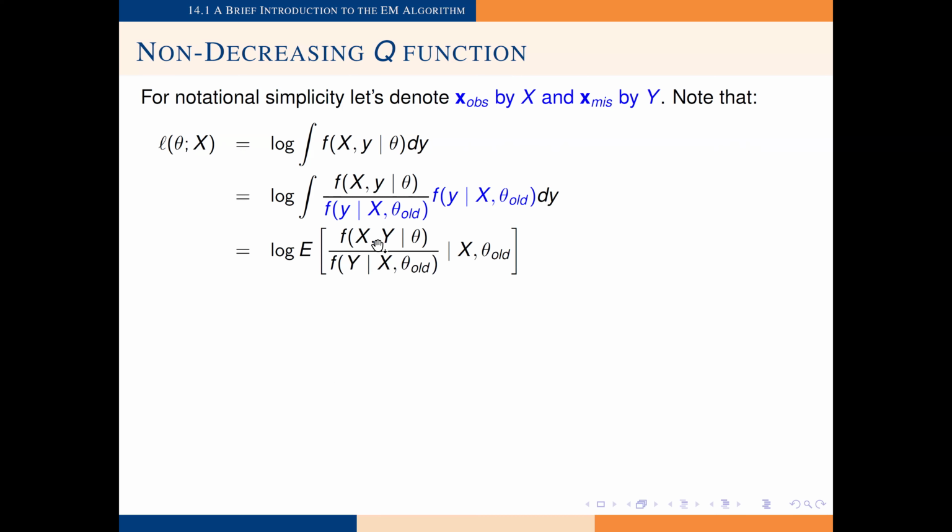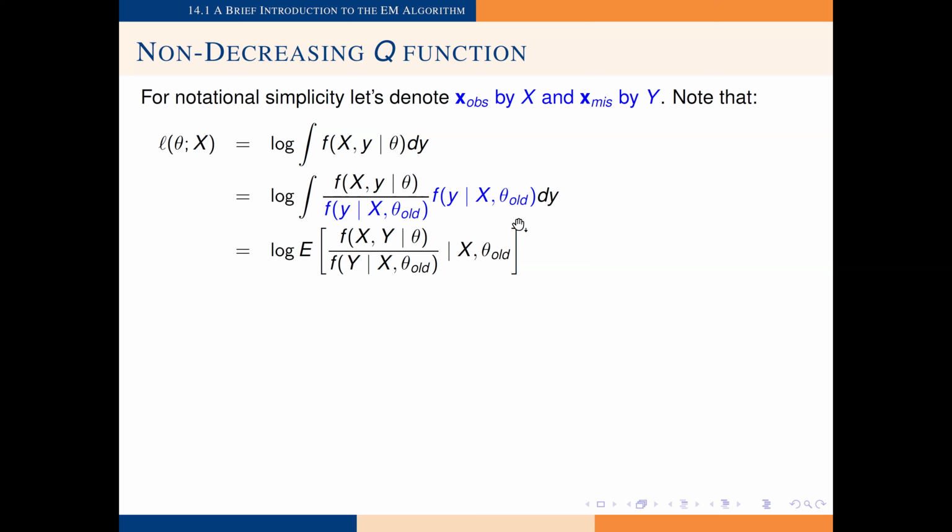So let's suppose that we divide it by f of y given x and theta old, and also multiply it by this thing. So what is this blue thing that we're multiplying and dividing over here? It's, given the observed data and the current estimate of theta, the conditional distribution of your missing data.